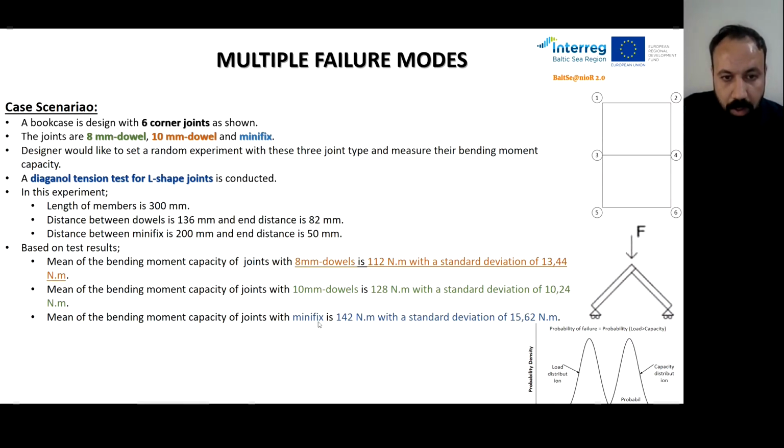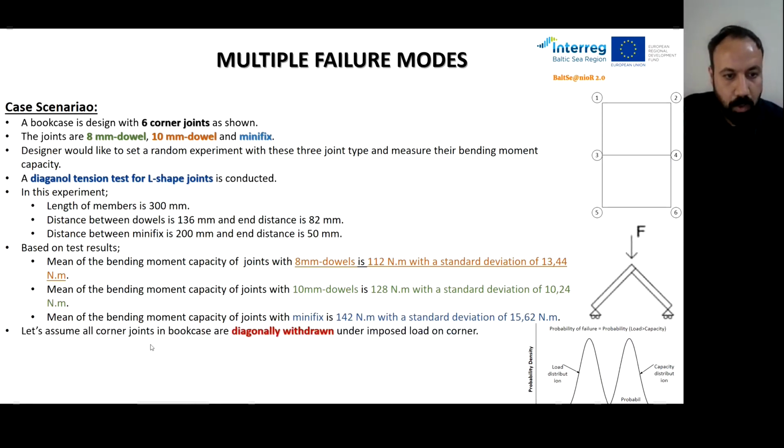And lastly, if I use the Minifix in this joint and test them, my average bending moment capacity is 142 and the standard deviation 15 Newton meters. So I get my result, and for each joint type, every fastener, I created my capacity distribution here.